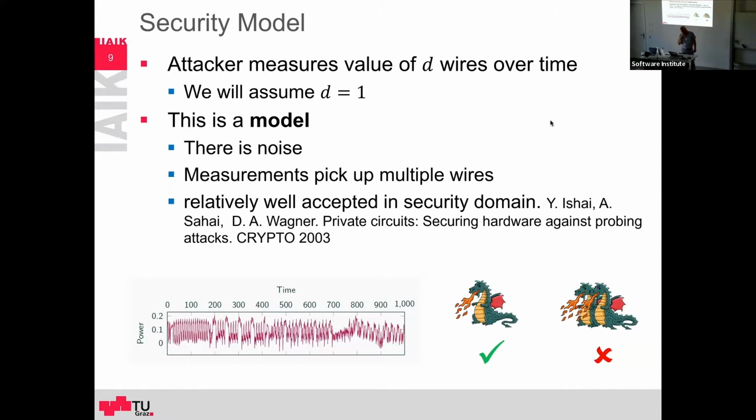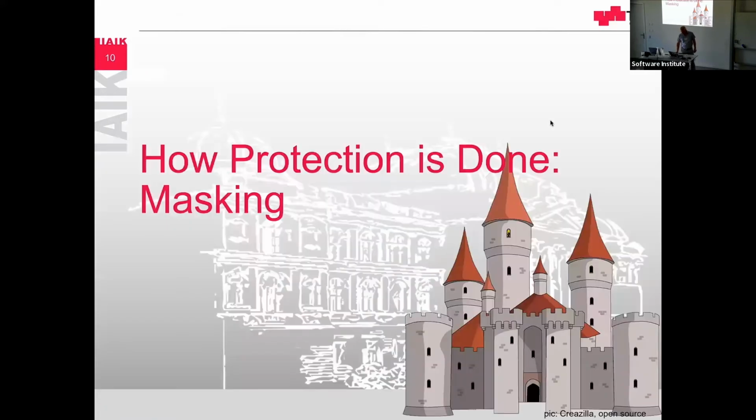Okay. So this is my introduction of the dragon. And of course, this is not new, and there is an infrastructure in place that protects your secrets. And this infrastructure is masking. So for the next couple of minutes, I'm going to tell you about the security concept of masking. How does that work?